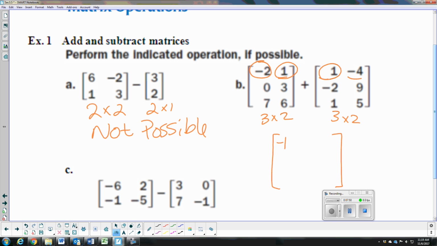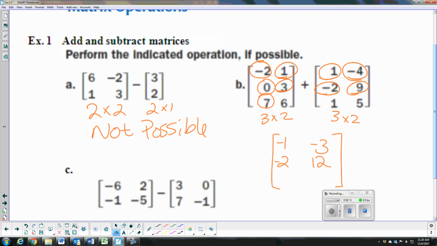Then we can add 1 and -4. 1 plus -4 is -3. That's our first row, second column. 0 plus -2. This is our second row, first column. Gives us -2. And our second row, second column, 3 plus 9 is 12.